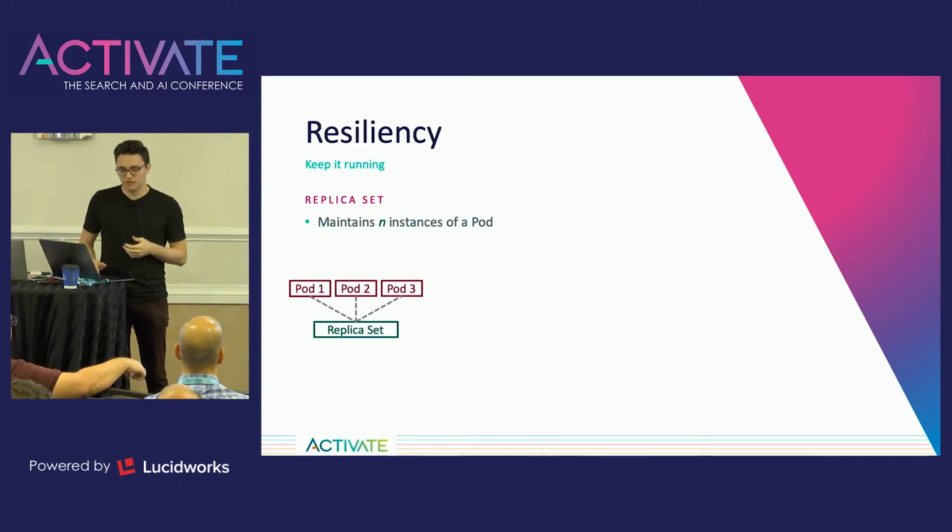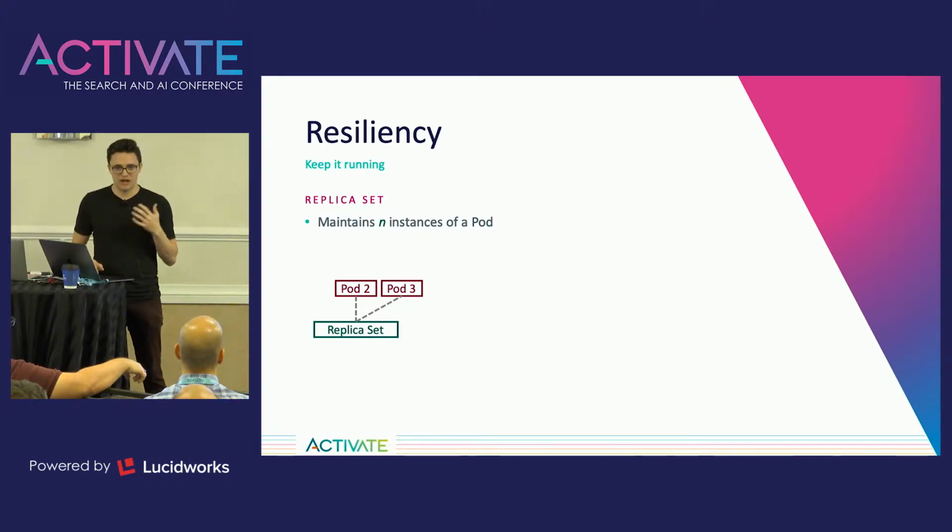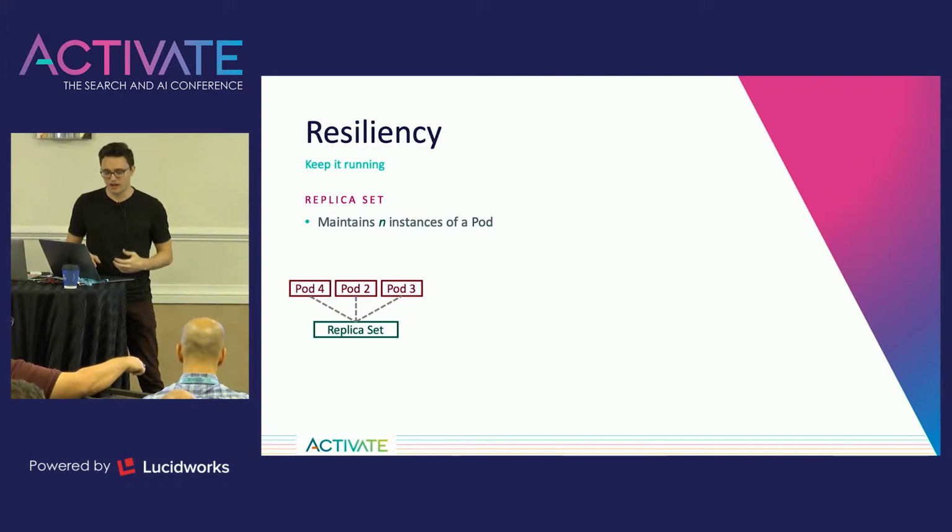However, if one of them dies, say from a long GC or an out of memory crash, the pod will go away because Kubernetes kills pods that go bad. And the replica set will then create a new pod, pod 4, which maintains the consistency that we want: 3 Solr pods running at any given time. And this is nice. So now we can run n instances of Solr at any given time.